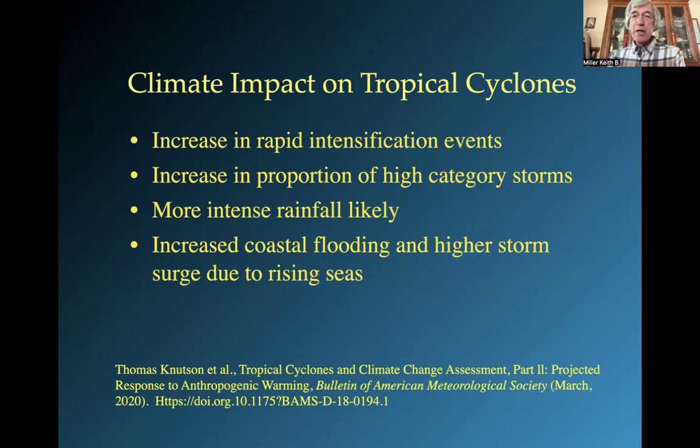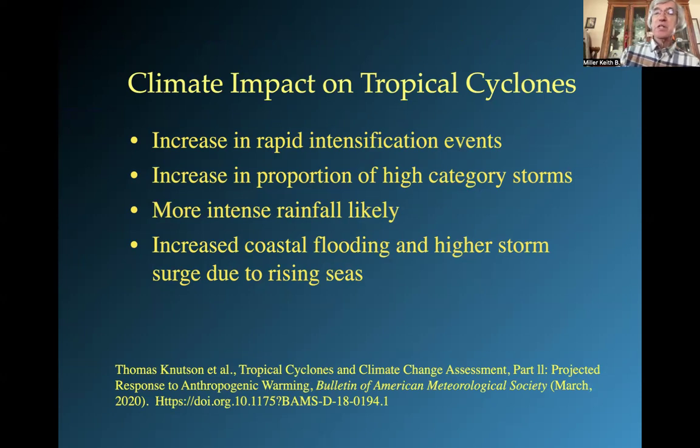So what's the climate impact on tropical cyclones? The main things we've observed is not really an increase in the number of events, the number of tropical storms and hurricanes, but in their rapid intensification.